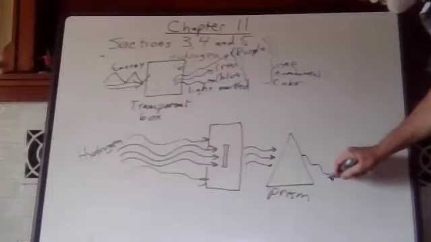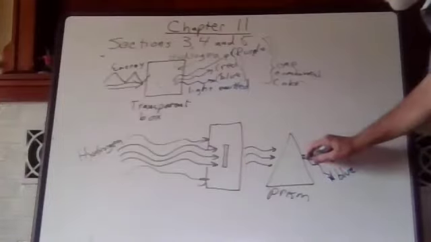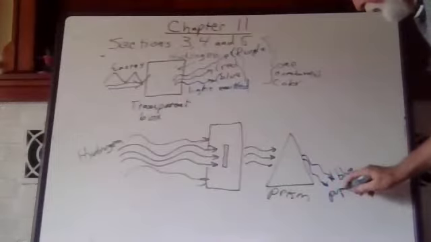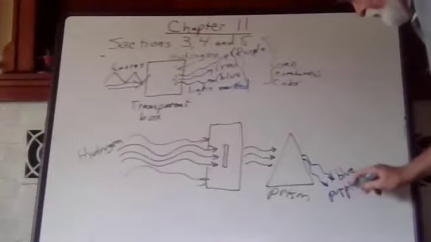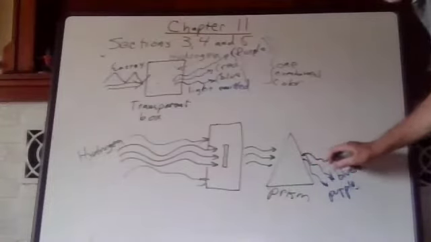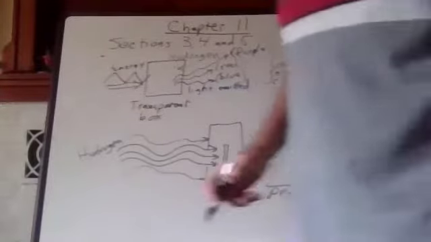They get turned, so we get a blue, we get a purple, and we get a red. And so they get separated.